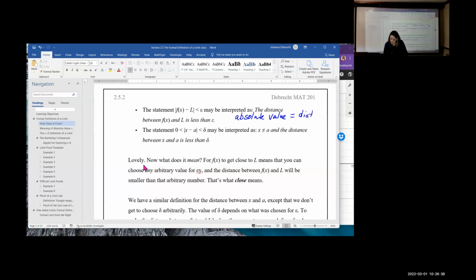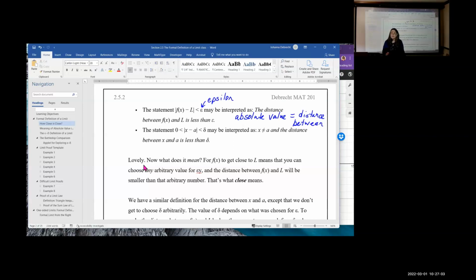All right. So we're talking about the distance between the function and the value of L. When you have the absolute value of f of x minus L, this is the distance between f of x and L. And then you read the rest of it: is less than epsilon. And this is epsilon right here.